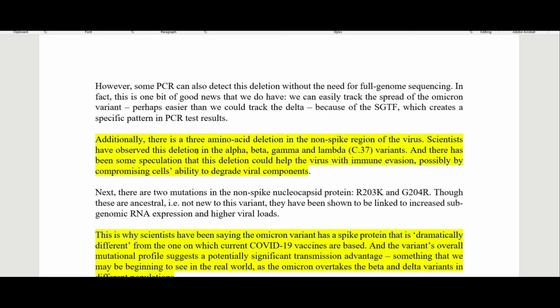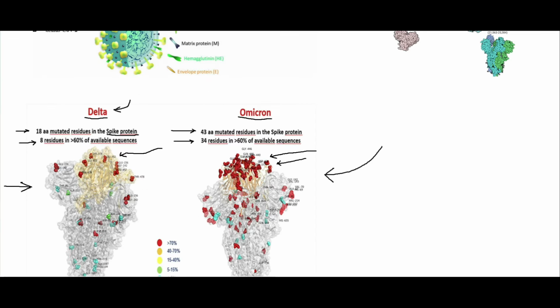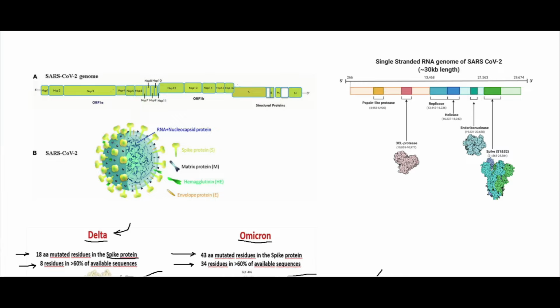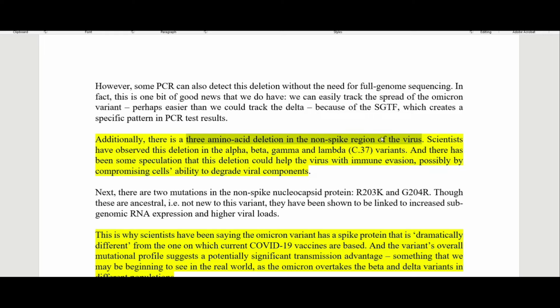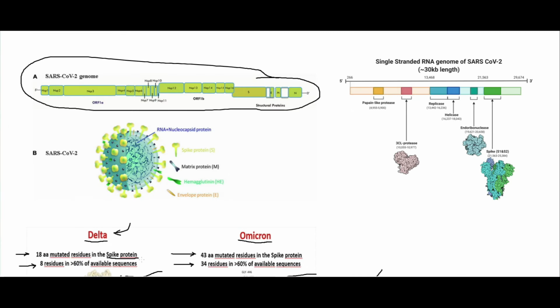degrade viral components. And so this is saying that it's a 3 amino acid deletion in the non-spike region of the virus. And it says the spike region because the SARS-CoV-2 is one large genome, which we can see right here. And each part of that genome codes for different parts of the virus. And so this 3 amino acid deletion is occurring in one of these parts, sort of outside the spike.